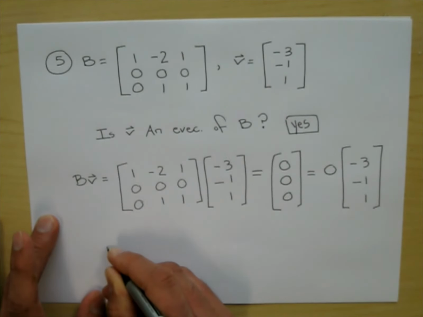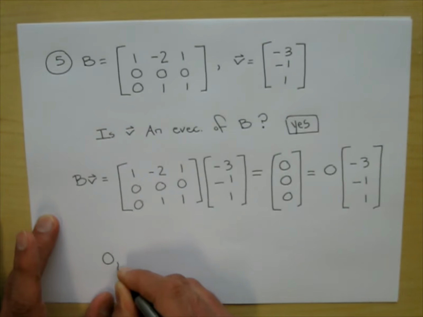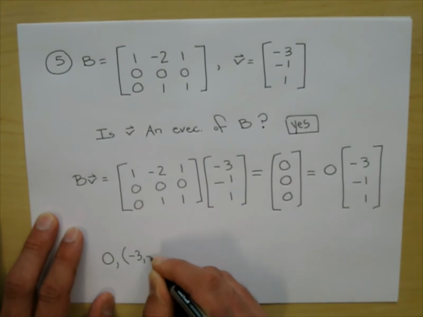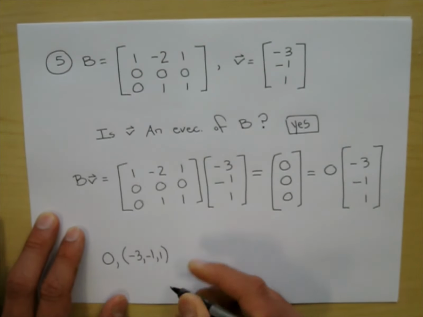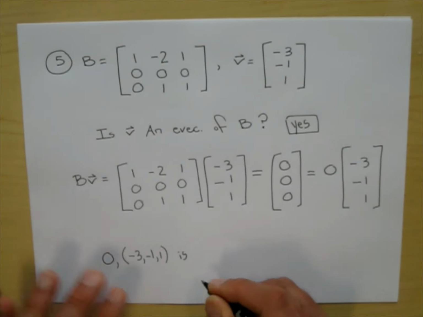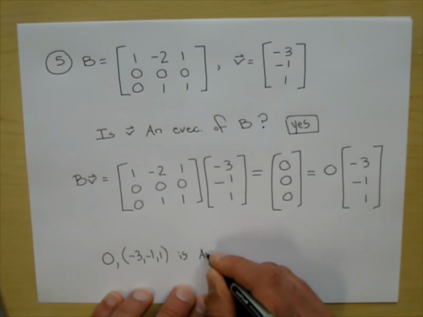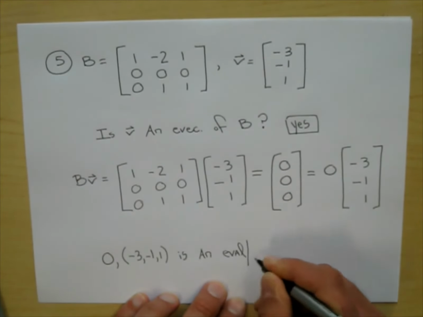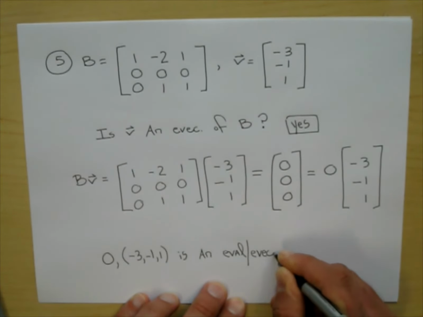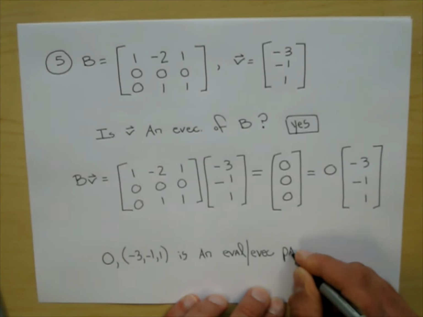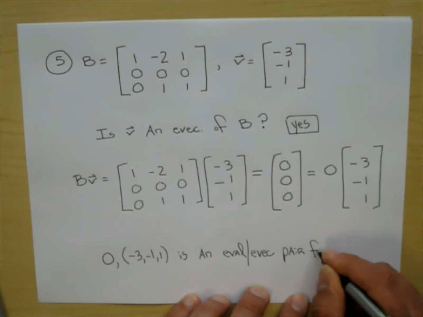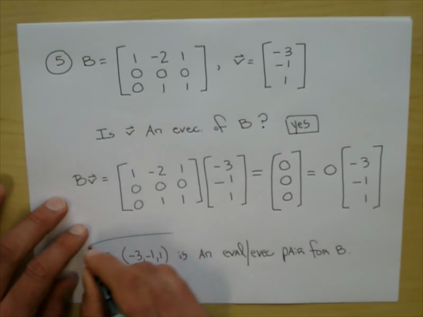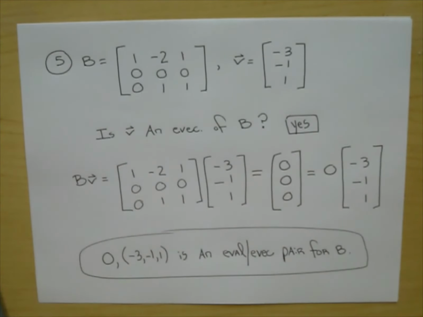And we'll follow up on that. We'll say that 0, comma, this vector, -3, -1, 1, happens to be an eigenvalue eigenvector pair for our matrix, so for matrix B. And so I'll go ahead and box that as well.